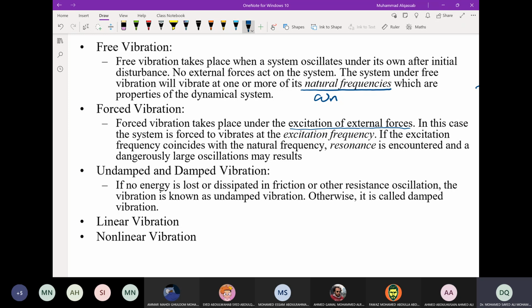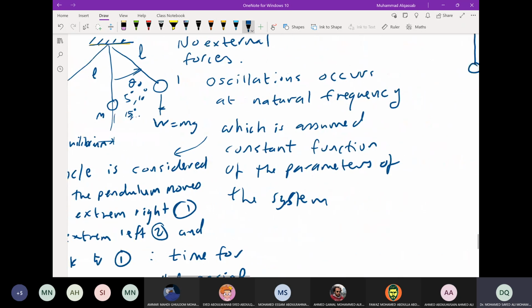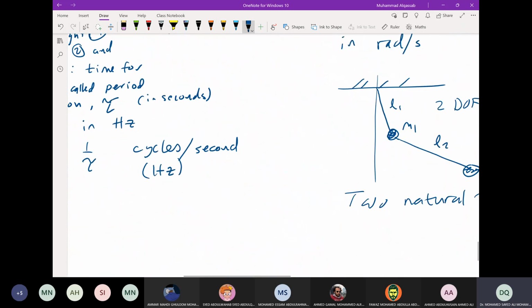A force in one direction, like a dead weight, is not going to cause excitation. So excitation or forced vibration will occur if a force is applied on the system that is changing because of the frequency of excitation. So the force is applied with a frequency. Let me give you an example of how a force can change with the frequency.